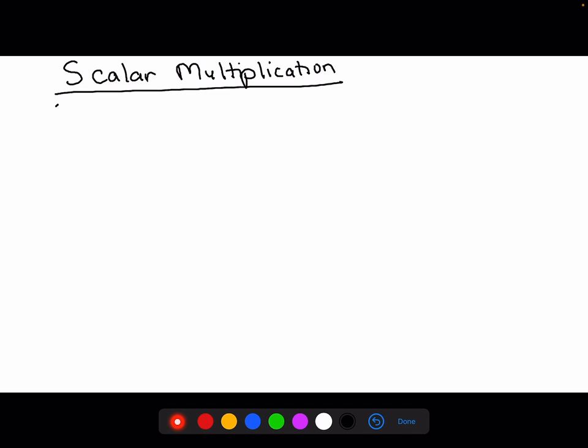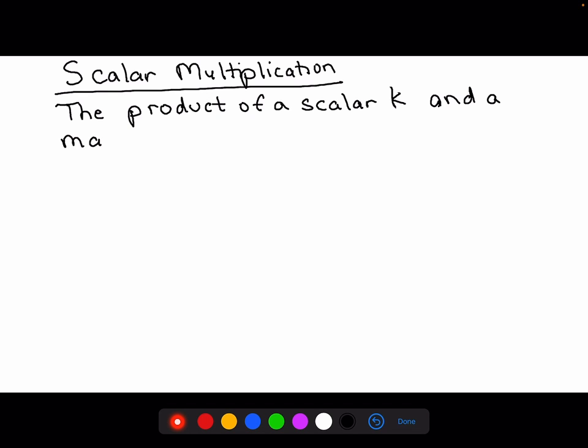The product of a scalar, k, and a matrix X is the matrix kX.